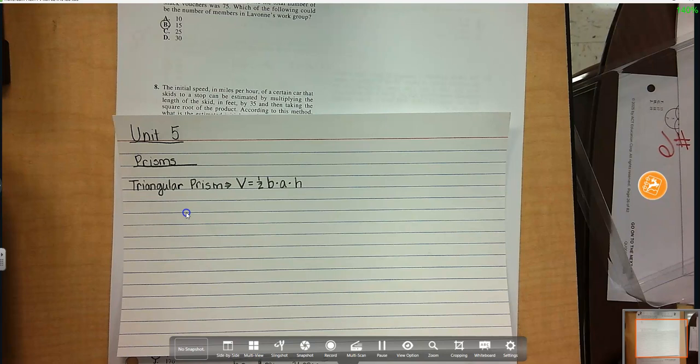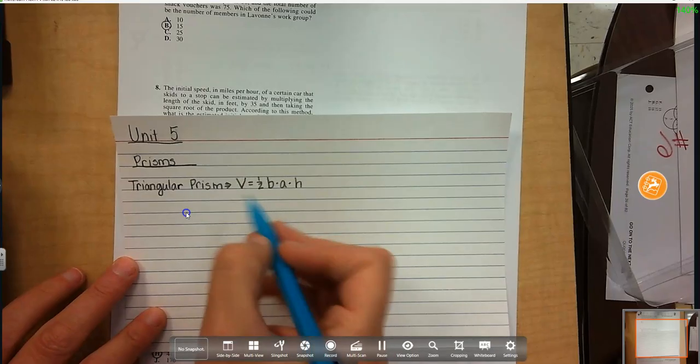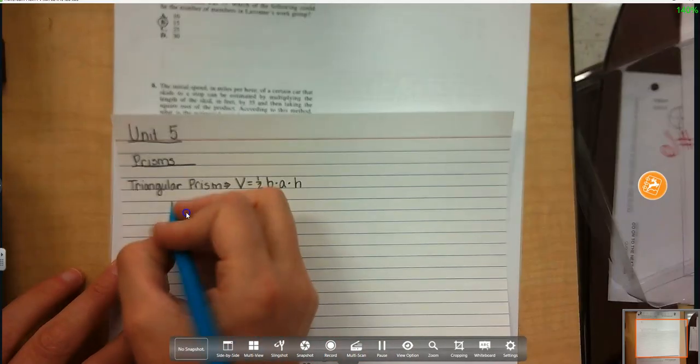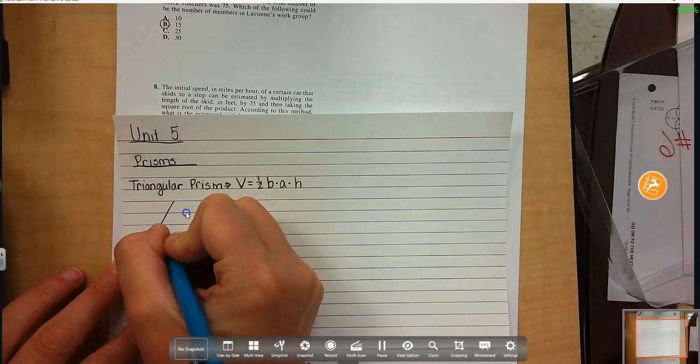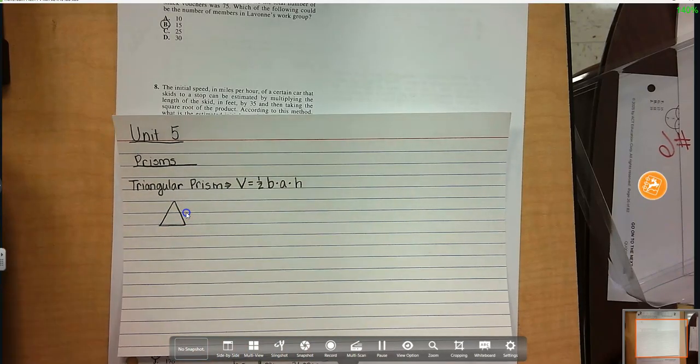Okay, now we're going to draw us a little picture here. So here's how you're going to draw a triangular prism. They're not too bad. Draw you a triangle.